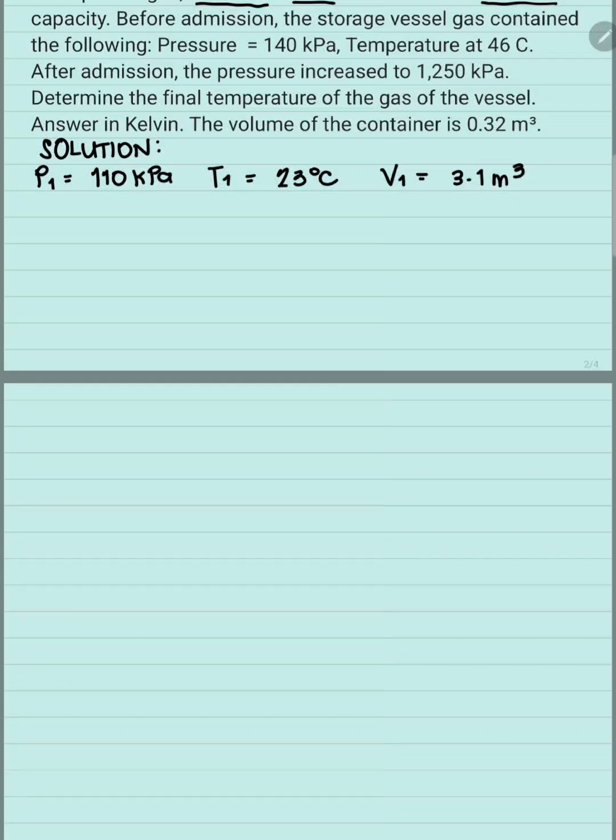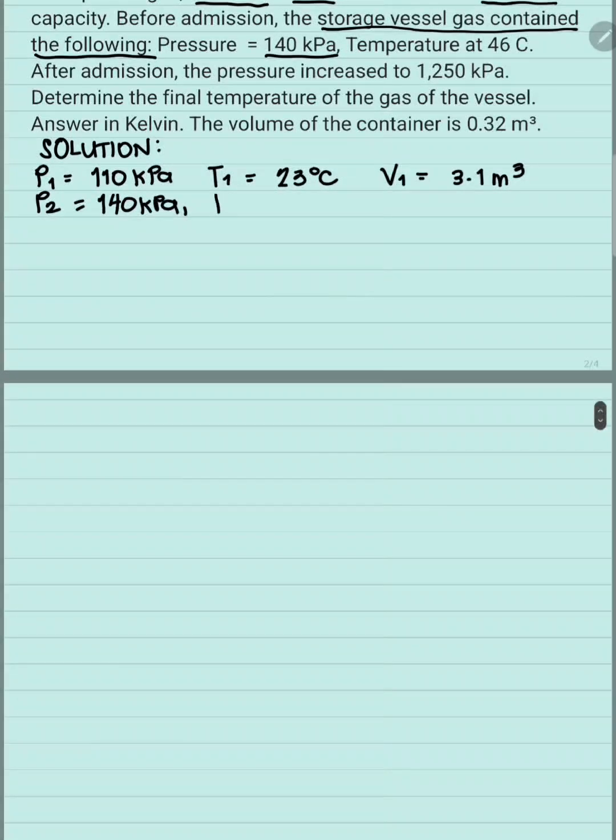So before admission, we can label this as P2, or the pressure. So before admission, the storage vessel gas contained the following properties, which is pressure 140 kilopascal. You have also the temperature. We can label this as T2 is equal to 46 degrees Celsius.